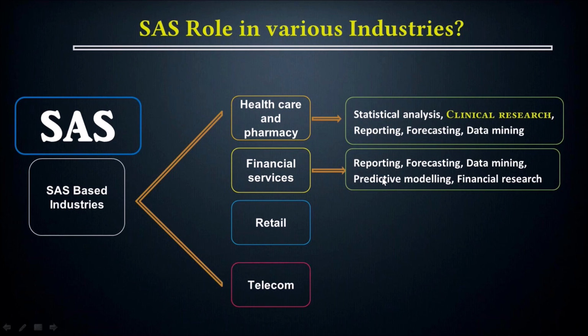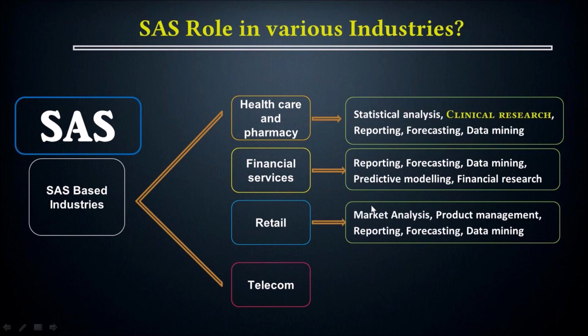Whereas in retail, SAS is used for marketing analysis or to generate reports like which product has more sales, or graphs of product sales by year. In the retail sector there are also many uses like forecasting, product management, and data mining.